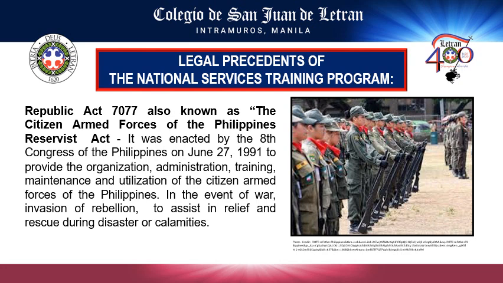The primary pool of manpower for the service organizations are graduates of the Reserve Officers Training Corps basic and advanced courses. The state shall maintain a regular force in times of peace which can be rapidly expanded by a citizen armed force in the event of war, invasion, or rebellion. With this law, the CAT in high school level and ROTC in college were formed.